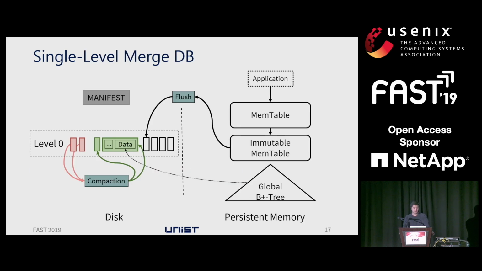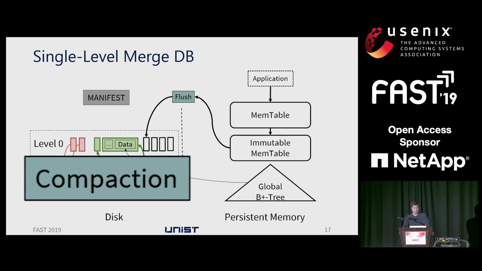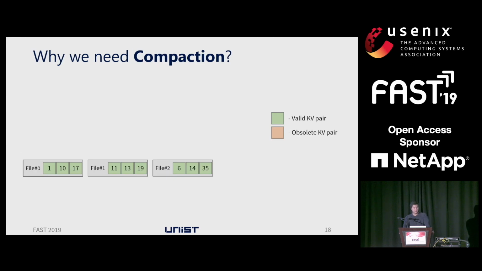Now let me explain the compaction operation. Why do we need a compaction operation in the first place? Let's imagine we have these 3 files, and all the key-value pairs are valid inside of those files. If new files come up with some duplicating key-value pairs, some of the key-value pairs from the older files get obsolete, right?